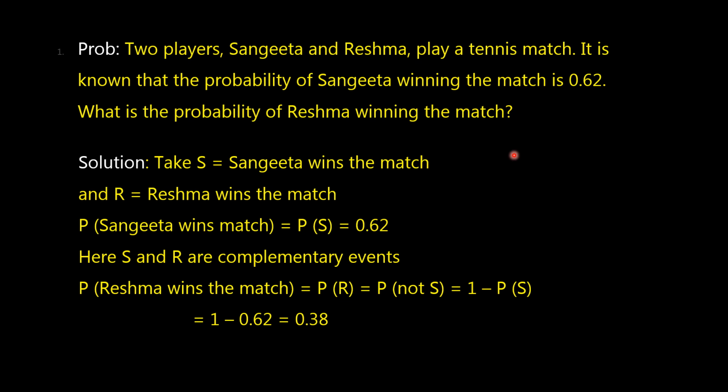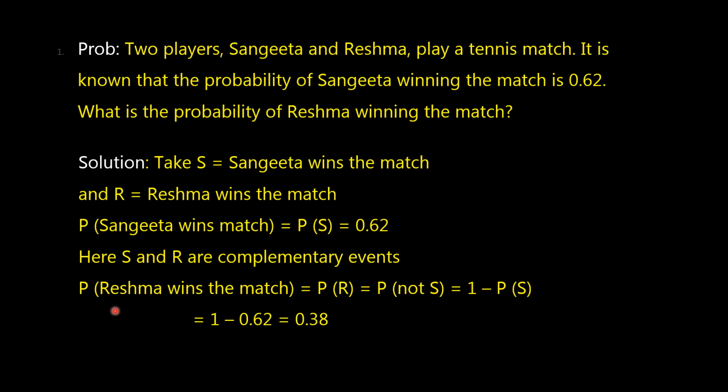Sangeeta wins the match means Rashma did not win the match. That is, S is equal to not R. Similarly, R is equal to not S. That's why S and R are complementary events.